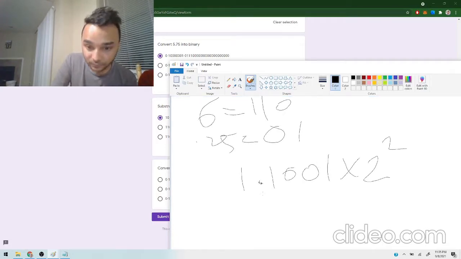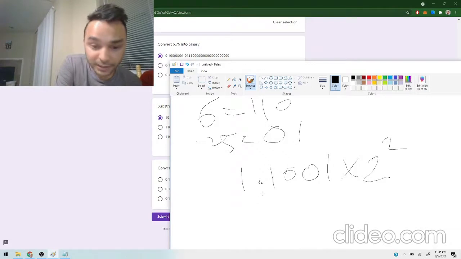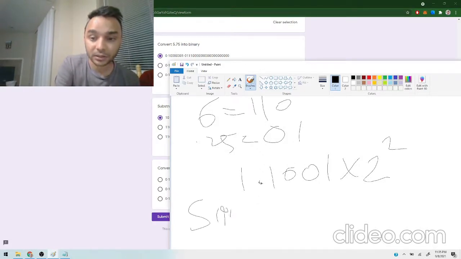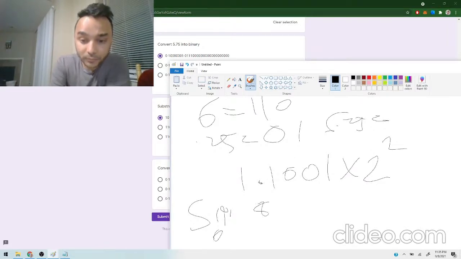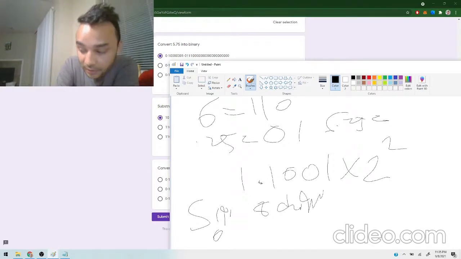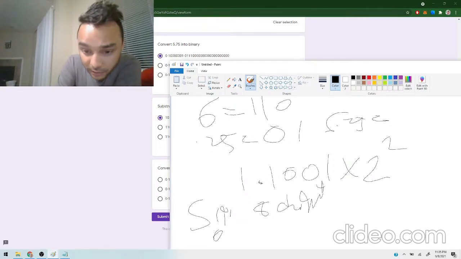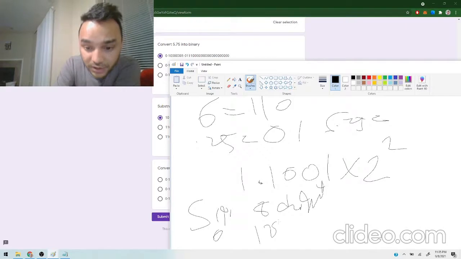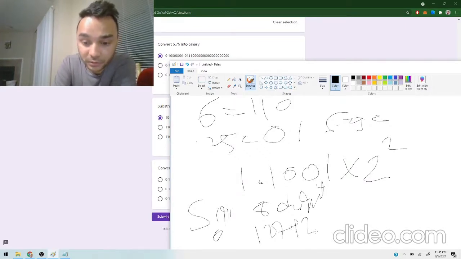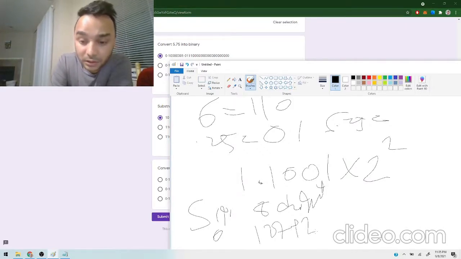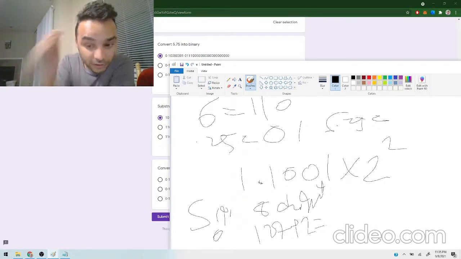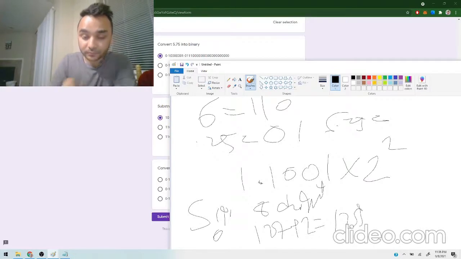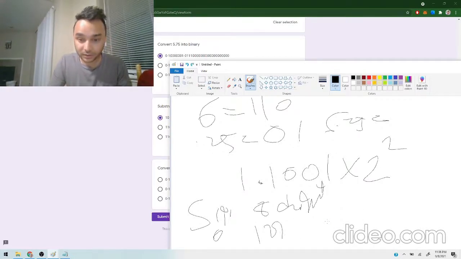After this, the sign is going to be 0 again, because 6.25 is a positive number. The 8-digit exponent is going to be 127 plus 2, since 127 is the bias number given to us, and 2 is the number we moved the decimal, so that's going to be 129.